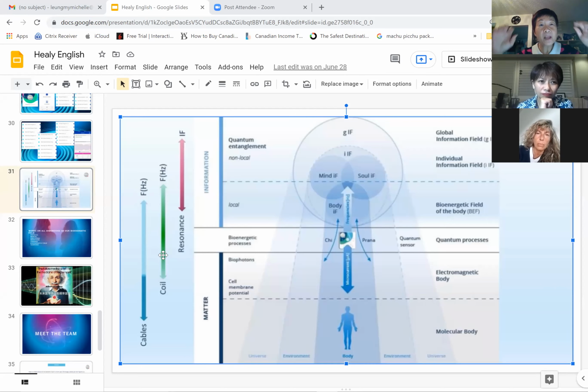But the coil uses a zero field, which is emptiness. It is where a lot of people practicing meditation want to achieve that state. In that emptiness, the possibility and the creativity are infinite. So whatever frequency you put in there, you have the pure frequency.